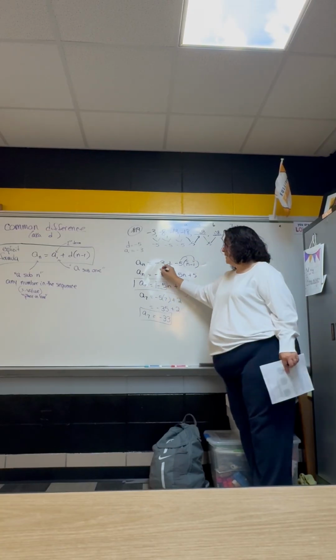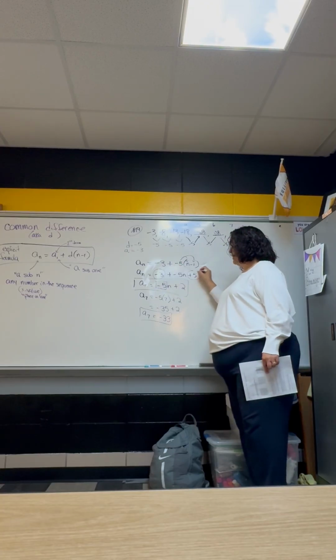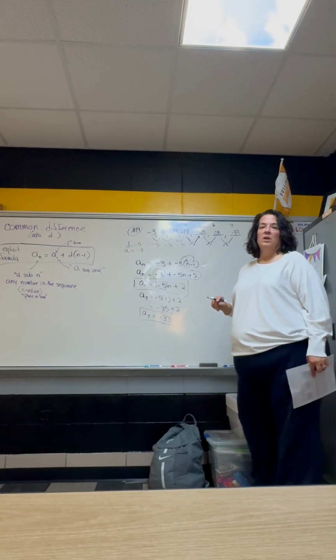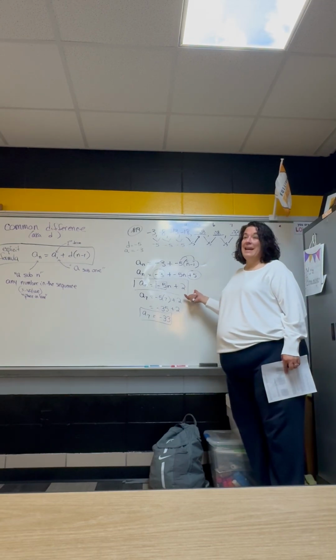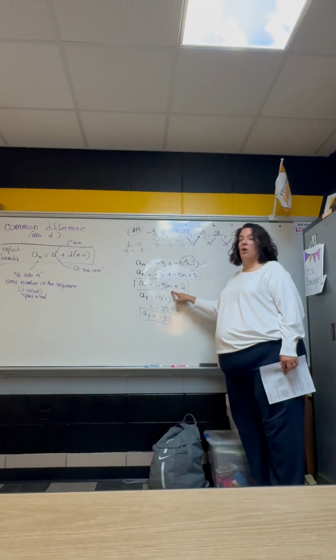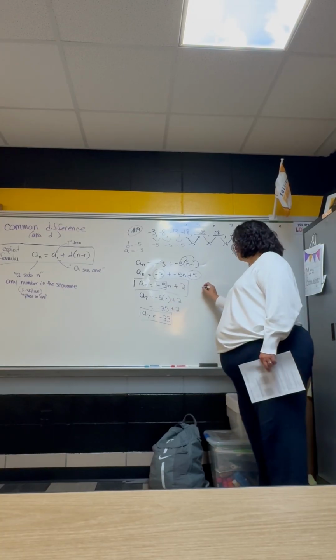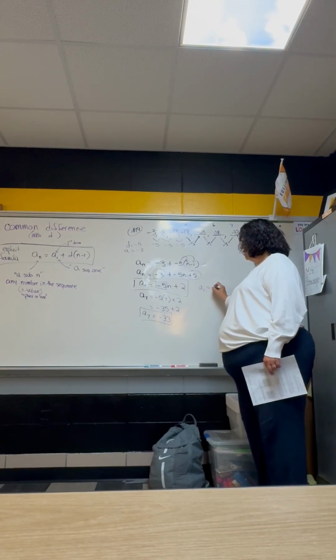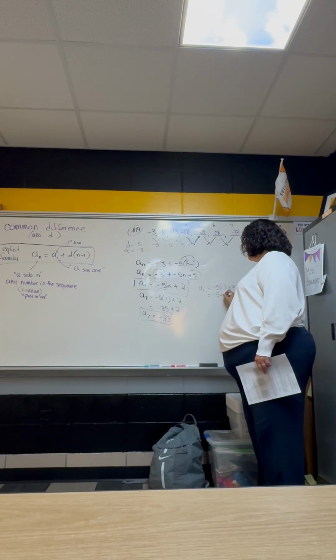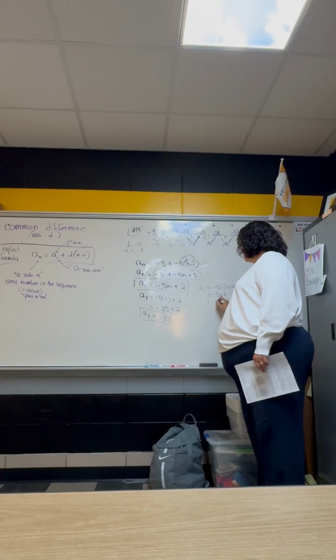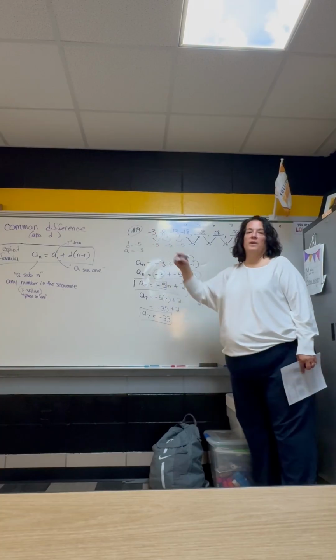And then I combined -3 and 5 to get +2. The 2 means nothing in this explicit formula. It's not our first term. If we wanted to check our first term, we could just do a sub 1 is equal to -5 times 1 plus 2. -5 times 1 is -5, plus 2. So our first term is -3, but we already knew that just by looking at the sequence.